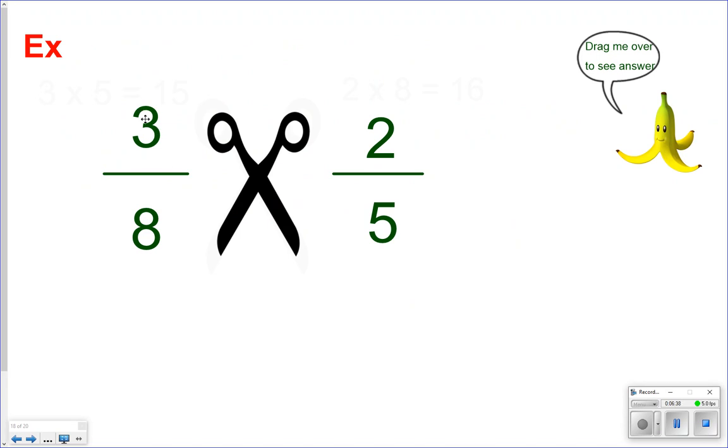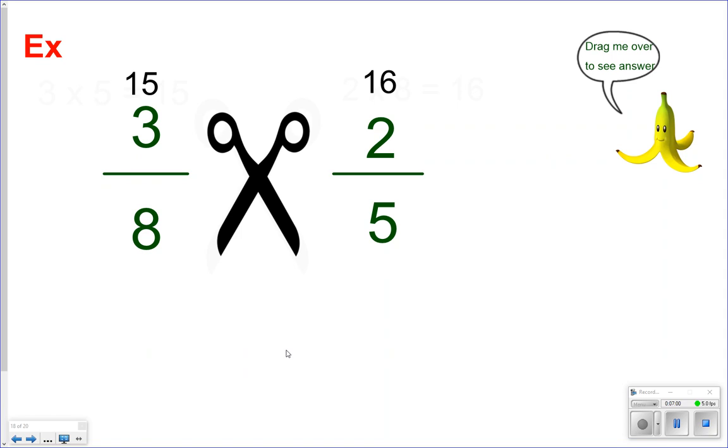3 multiplied by 5 equal 15. Write 15 up. You must write it up, okay? And the second hand from the scissors, 2 is 8. 2 multiplied by 8 equal 16, and write 16 up here.